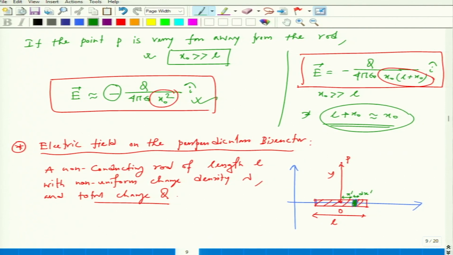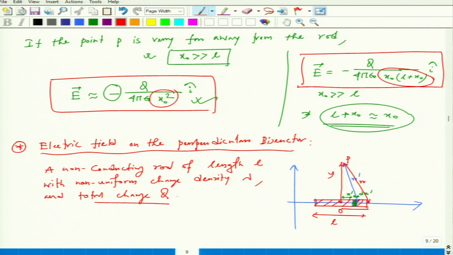The distance from this segment to the point P is r prime, and from the end of the rod to P, if we draw another line, this is the distance r.